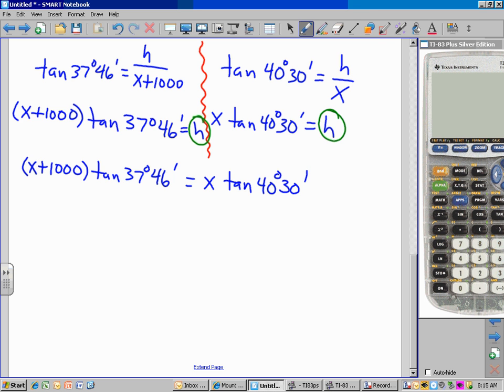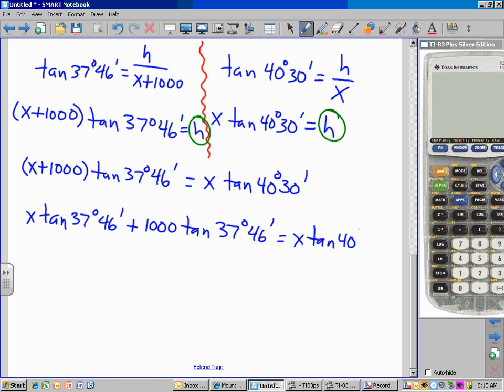We're going to distribute this tangent. So I got x tan of 37 degrees 46 minutes plus 1,000 tan of 37 degrees 46 minutes equal to x tan 40 degrees 30 minutes. So all we do is just distribute this right here, to both.